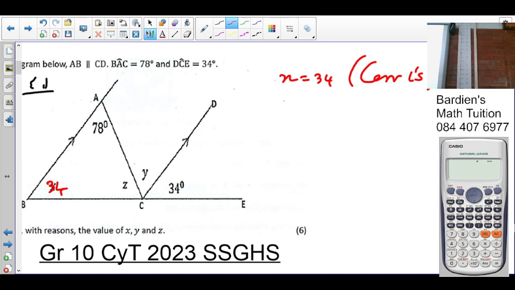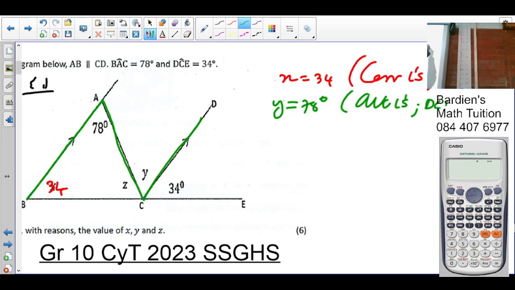Then we can calculate Y. As you can see, we have alternate angles there. So Y is equal to 78. Why? Because of alternate angles with DC being parallel to AB. Now to calculate Z is going to be one of two.